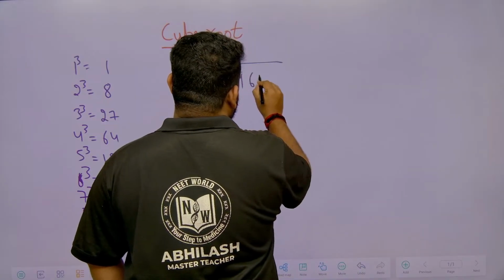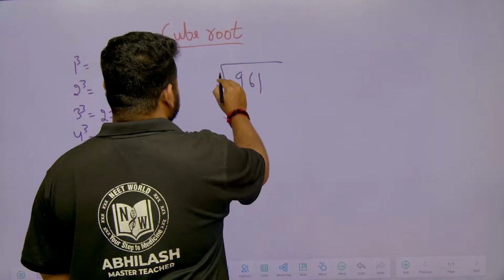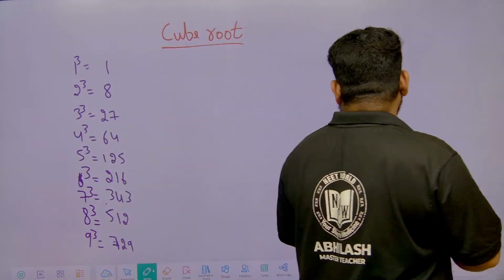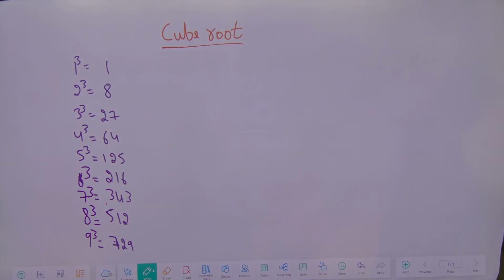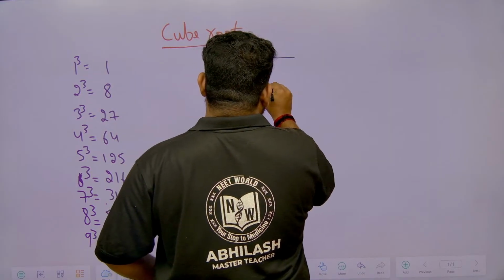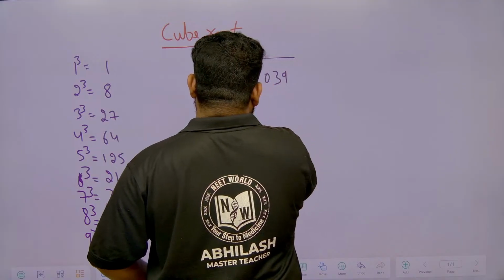Cube root of 961 won't come actually, so let us take some other numbers. Cube root of 493039.